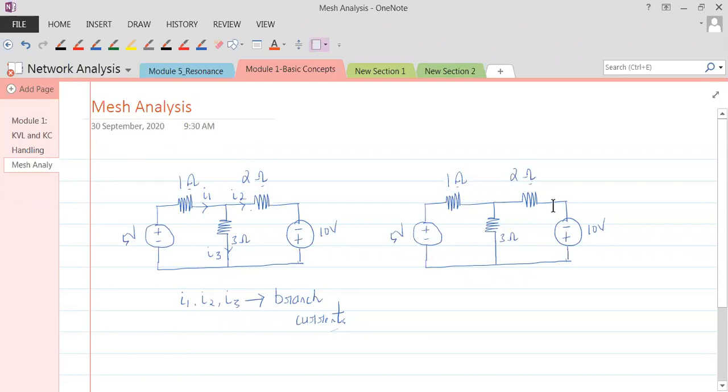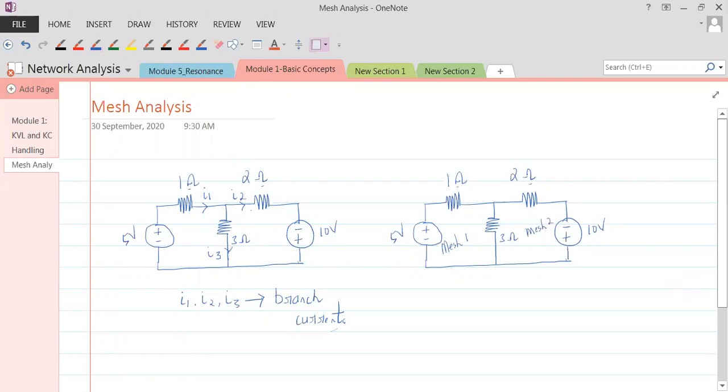The outermost closed path is one loop. Fine. The innermost closed paths, this closed path and this closed path, these two are called meshes. Let me call this mesh 1 and this mesh 2.